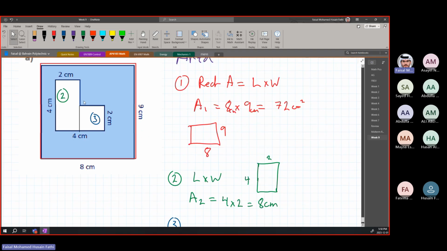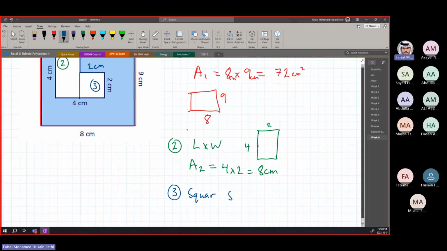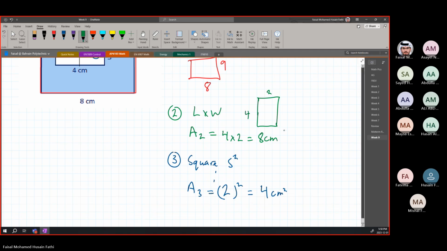It's a 2 by 2 square. We already found out that this is 2 centimeters from before, so it's a square, so it's side squared. So area 3 is equal to 2 squared, equal to 4 centimeters squared.